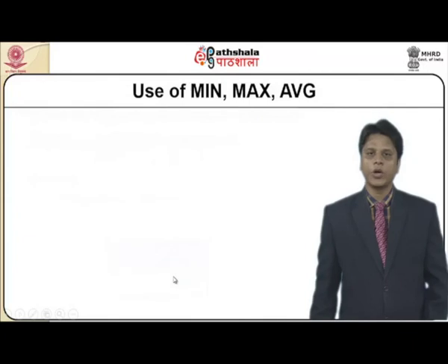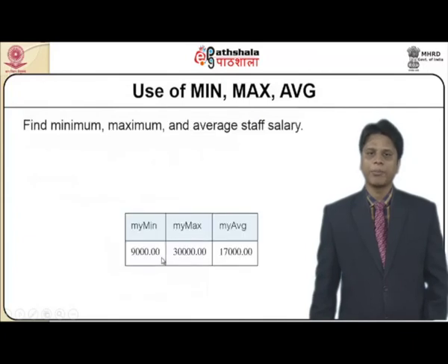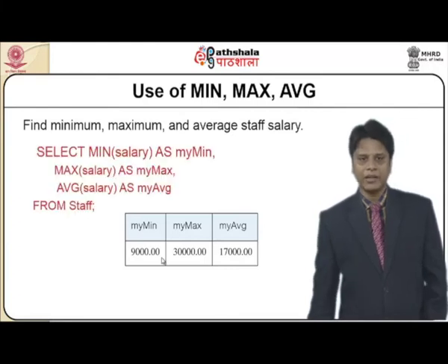Now we will go for the use of minimum, maximum and average aggregate functions. Find minimum, maximum and average staff salary. Select minimum salary as my min, maximum salary as my max, average salary as my average from the staff table.